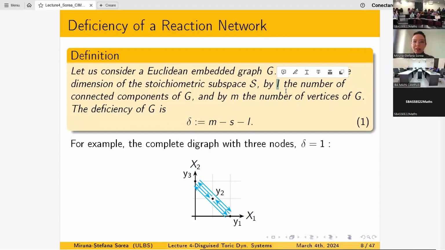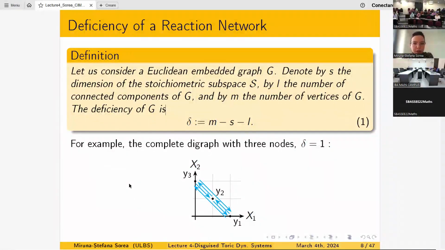So it's just another terminology for connected component. Denote by L the number of such connected components, and by M the number of vertices. And now the deficiency is just this non-negative number, an integer, and it's the difference: take the number of vertices minus s minus L, with the previous notations here.